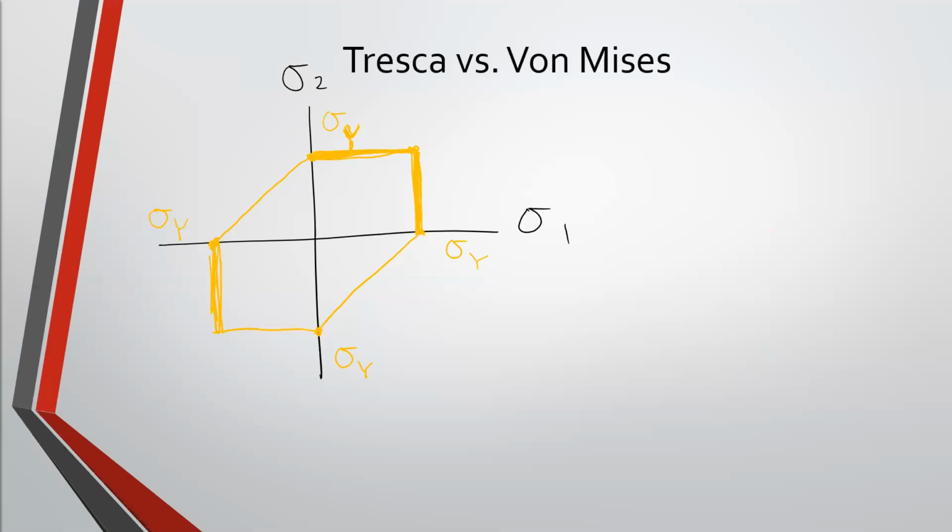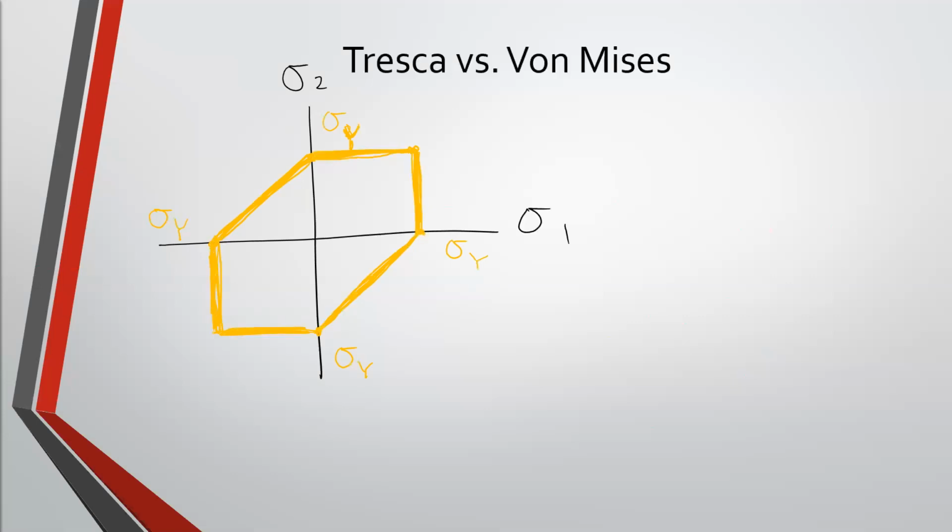Same thing down here if you end up with a negative sigma y. And then when the two components land you on that diagonal, you'll also yield. So that's your yield surface.